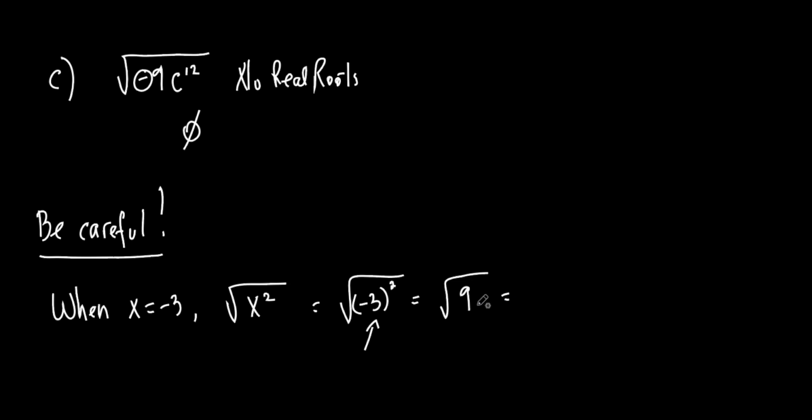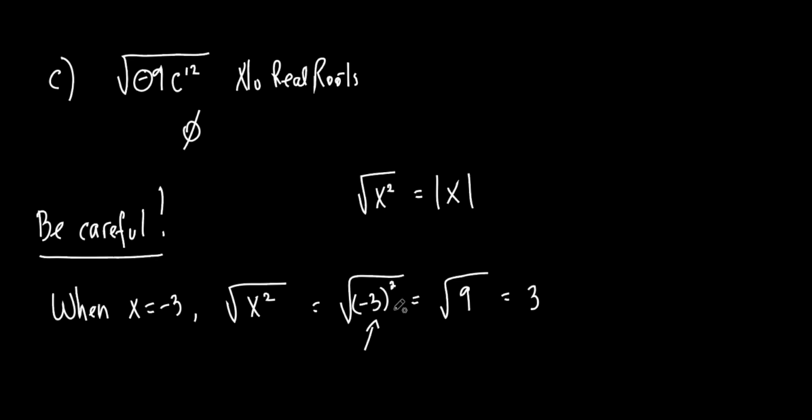Okay, and what is the square root of 9? It's 3, right? So when you have something like this, your answer is not just x, it's the positive version of x. So when x is negative 3, the answer is 3.